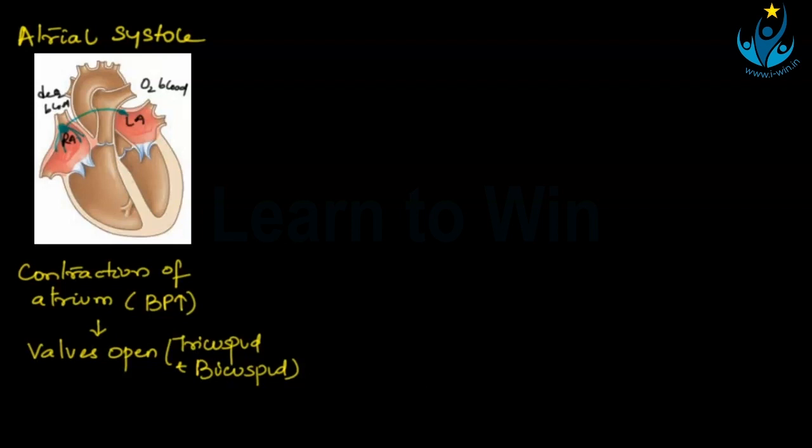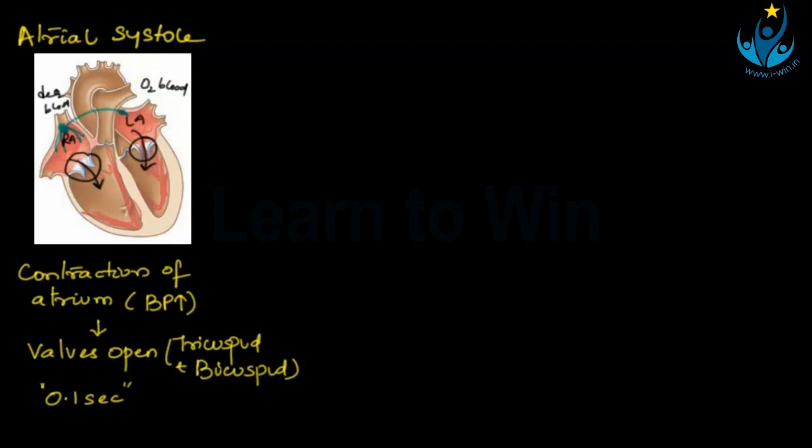So slowly the blood from the atria starts to enter the ventricles, and the ventricles slowly fill with blood through the bicuspid valve and the tricuspid valve. Now this entire atrial contraction lasts for 0.1 seconds.